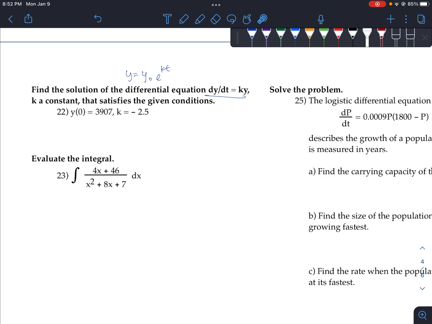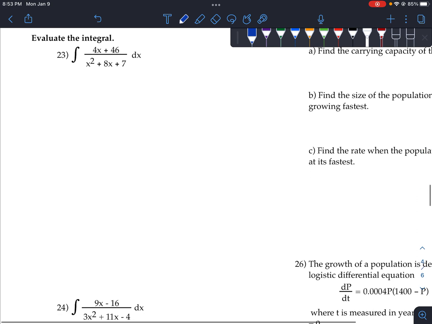You can see that the initial value is 3907, so that's going to be that right there. So y is equal to 3907 e to the negative 2.5 t, because that's the given k value, and that should be it. Looking at the key, that does look to be correct. Okay, so very easy for that one.